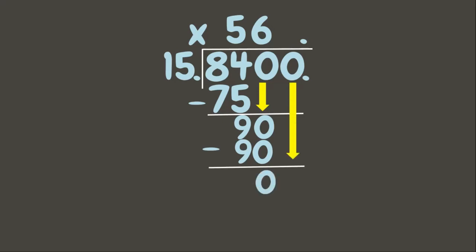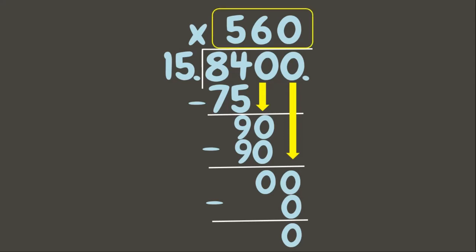Let's bring down 0. 0 divided by 15 is 0. 0 times 15 is 0. Now 0 minus 0 is 0. Since our answer is a whole number, we can already remove the decimal point. Now our answer is 560.